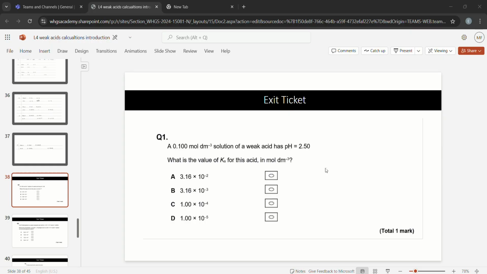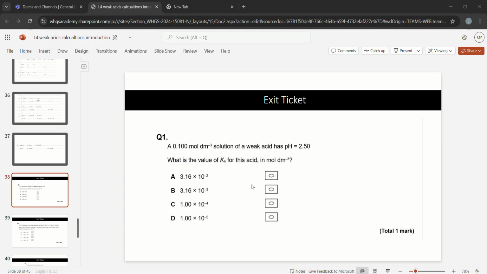Now, if I do H plus A minus, well, I can't find out any of them because I've got two unknown values. But if I do H plus squared and take its square root, I'll get the H plus ions. And then I can rearrange it to find A minus.